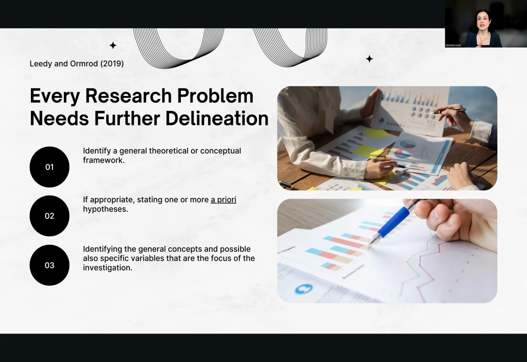So once you've identified that and you've come up with, this is my purpose statement, I'm thinking of doing a quantitative methodology with XYZ design, I'm looking at the association between variables, you've got to go a little bit further. You have to identify always a general theoretical or a conceptual framework. What is this based off of? So in the example I just gave on emotional intelligence, burnout and emotional labor, there are 3 theoretical foundations.